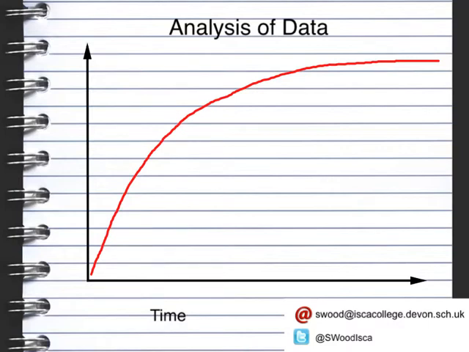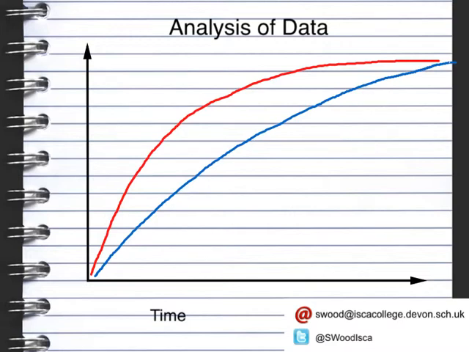Now if we were to repeat that at a lower temperature, we can see that the graph is less steep at the beginning, but it still curves and we still get slower as we go along.